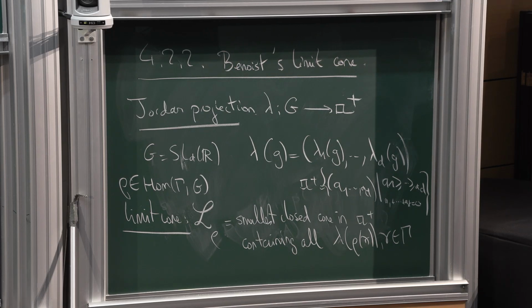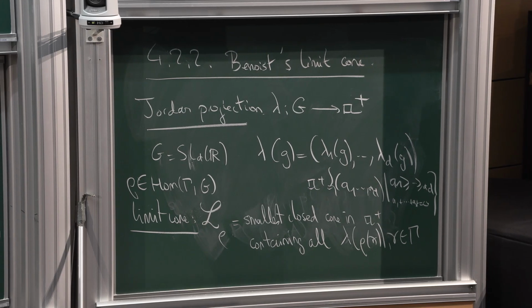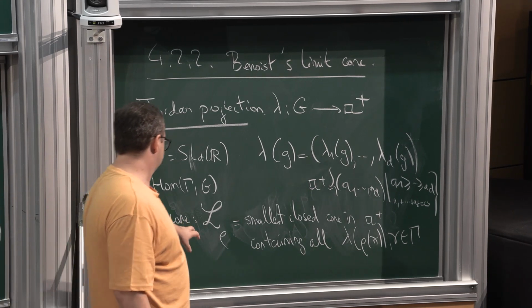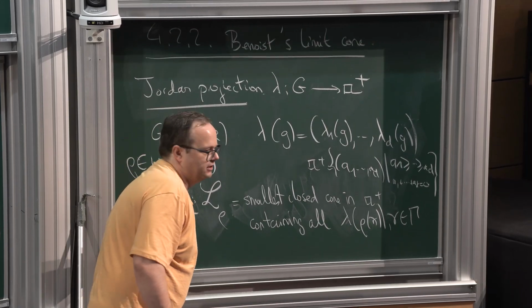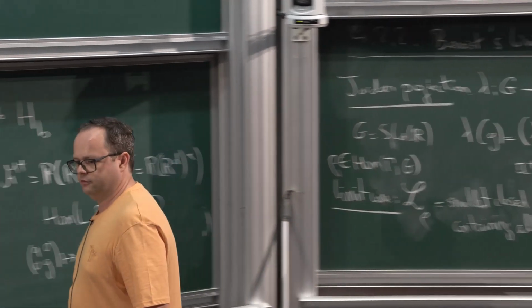Okay, I'll try to get the statement on the board and finish there. The last thing that I'll say here is that you have this limit cone. Well, that really only makes sense when rho of gamma is discrete.